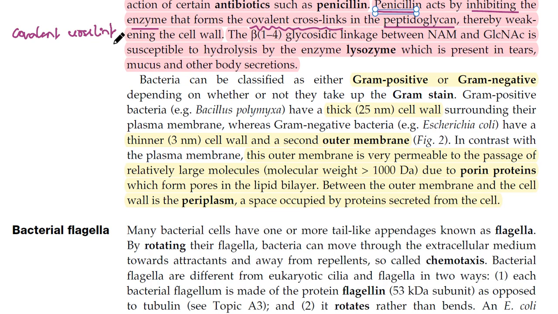It is the linking between the D-amino acid tetrapeptide and the other peptidoglycan layer. This cross-link is inhibited by penicillin, because this cross-linking is what makes the cell wall resistant, so the cell wall becomes weak.